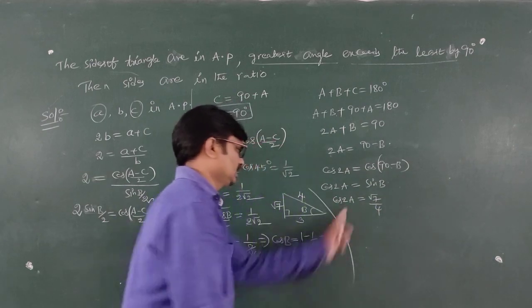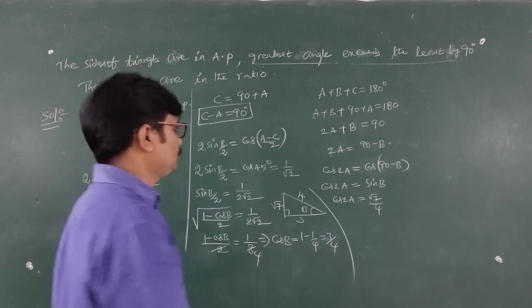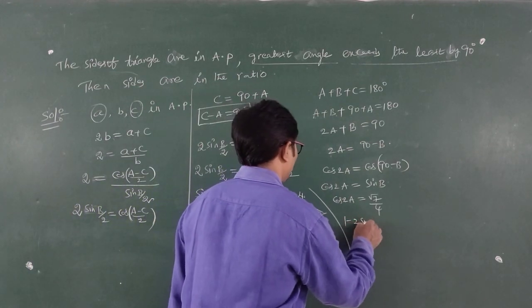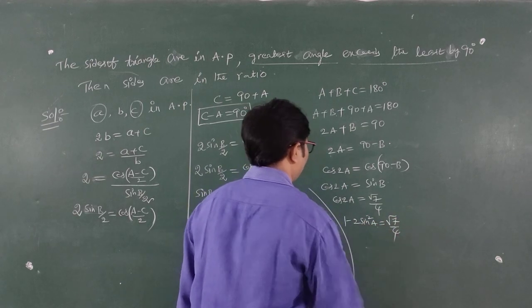Everybody knows cos 2A in terms of sin is 1 minus 2 sin square A, which equals root of 7 by 4.